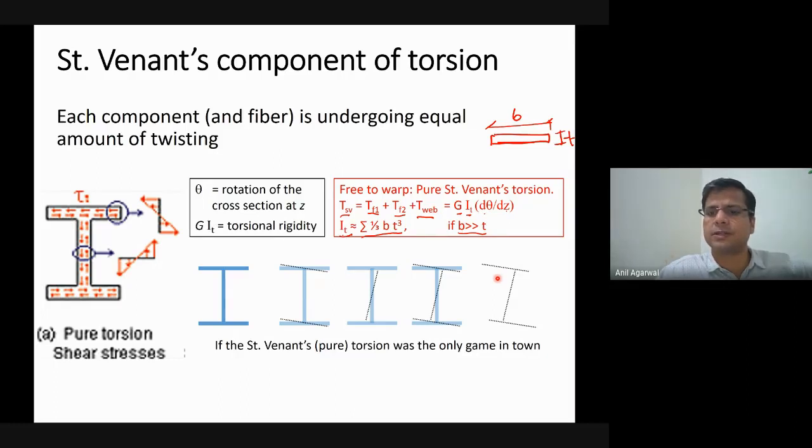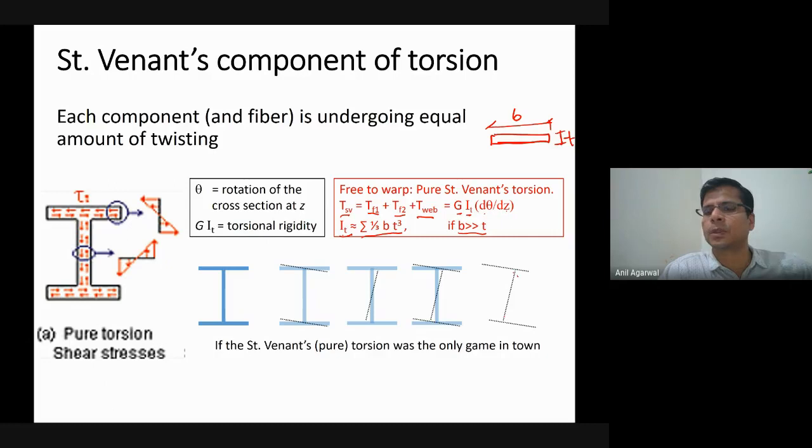Okay. How do we address this? Basically, what has to be done is that now the flange has stayed in its position, but the web has moved. Now, for the web to be able to move, the flange has to be moved along with the web. So if the web has to twist this way, the flange cannot stay in its original position.